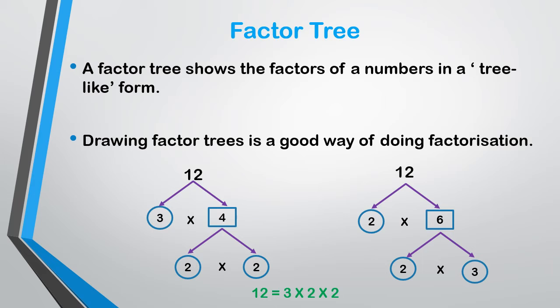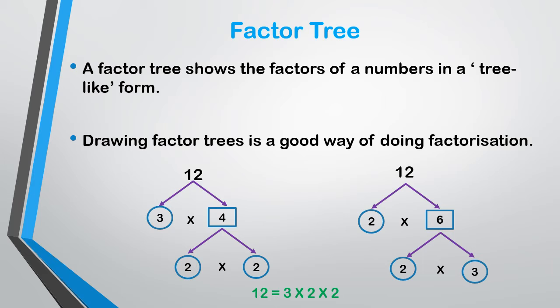So 12 is equal to 3 into 2 into 2. In both factor trees, we got the same answer. 3 into 2 into 2. The same way here, 2 into 2 into 3. Both are the same. So when we multiply all the numbers, 3 into 2 into 2, 3 2s are 6, 6 2s are 12.